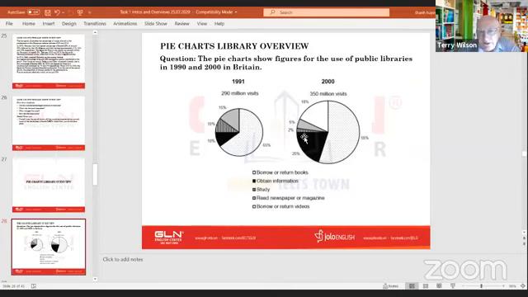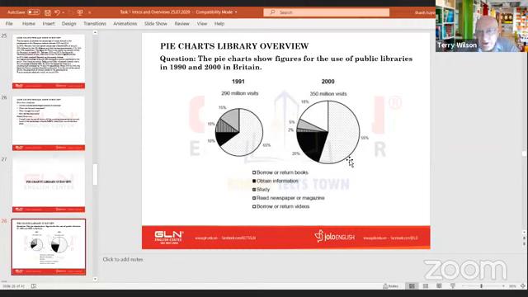We had a 15% in 1991. We now have 5%. And the largest part of the pie chart has changed from 65% to 55%.